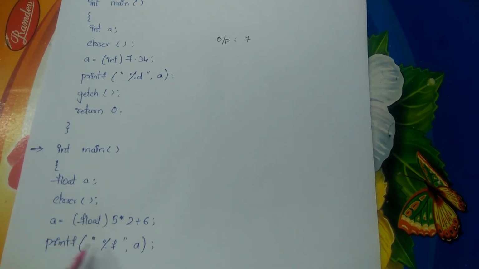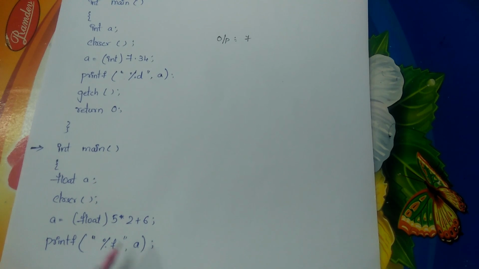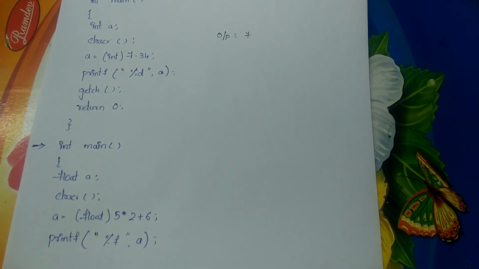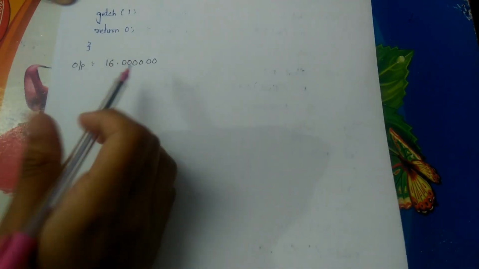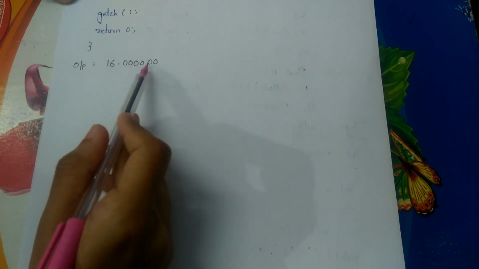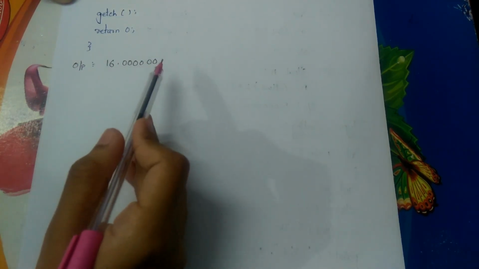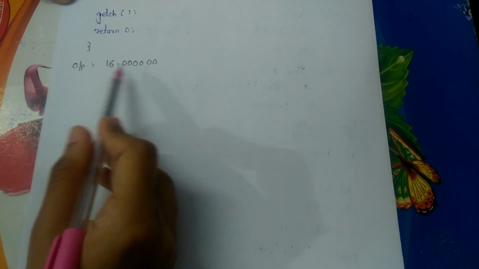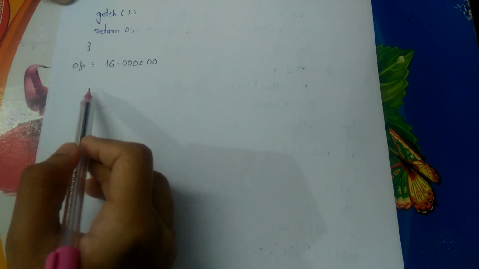When I print this, printf %f and a, 16.000000 will be stored in a. At the time when I print this, that value will be printed. After that the program has getch and return 0. So in output I will get 16.000000. That value will be stored in the variable a, and when I print it, that value will be printed onto the output screen.